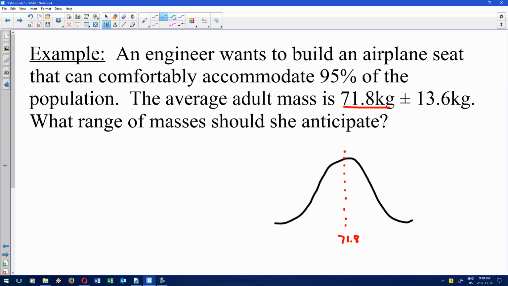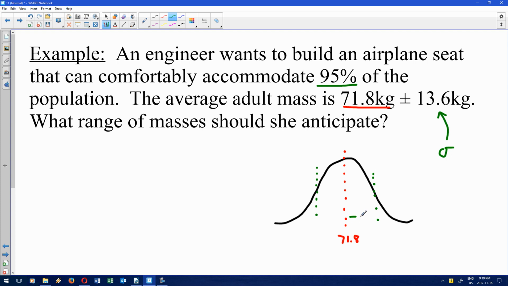And 13.6 then is going to be my standard deviation, right? That plus or minus is indicating my standard deviation. So in terms of the graph here, it says we want to accommodate 95% of the population. So from that list of properties we had, 95% of the population is 2 standard deviations away from the mean.